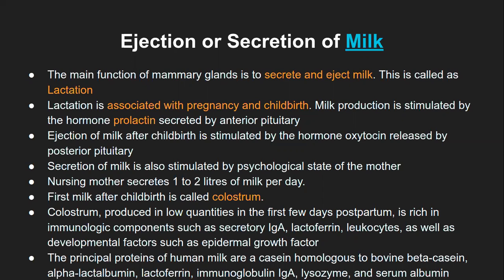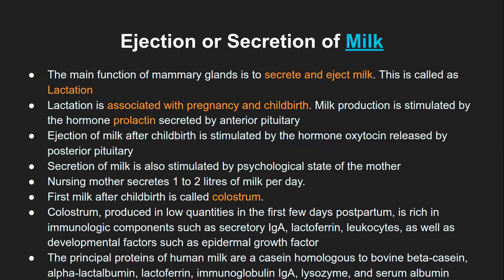Lactoferrin is another protein which has different functions in terms of lactation. Leukocytes, you know what leukocytes are, white blood cells, as well as developmental factors such as epidermal growth factor, short form EGF. Epidermal means the outer layers of any organ, and this is the factor responsible for growth of the epidermis region.